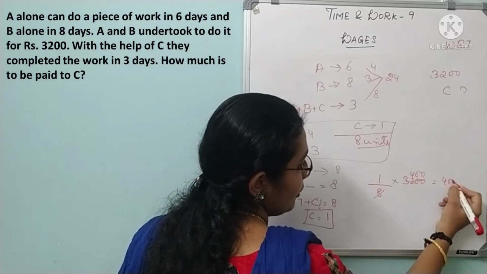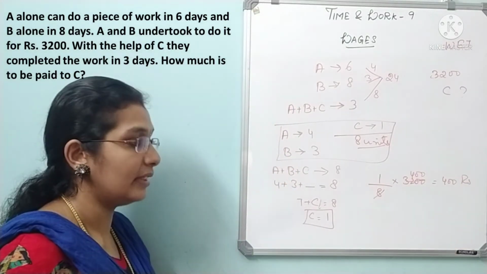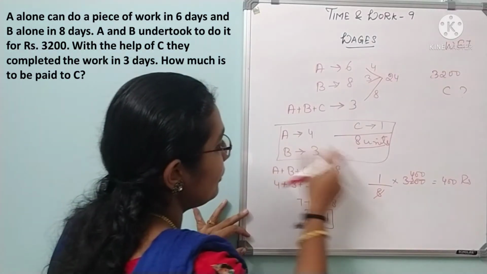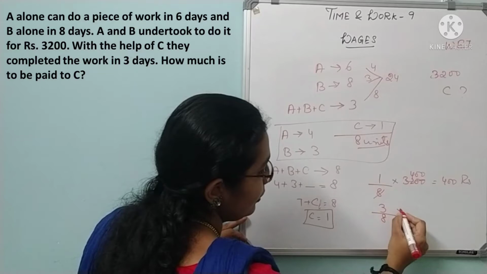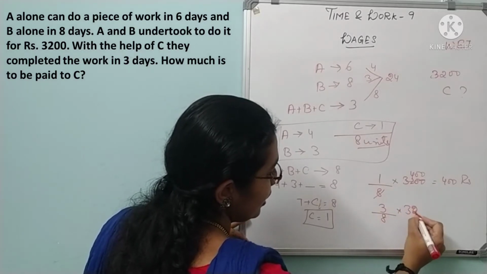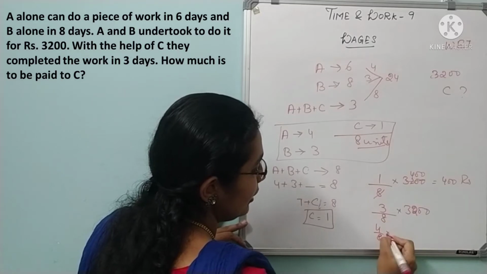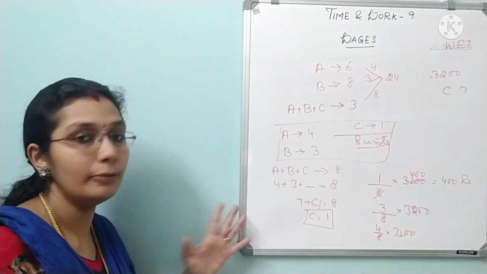So 400 rupees is the amount that has to be given to C. Suppose they are asking for B, means B's per day efficiency is 3. So 3 by 8 into 3,200. Right? For A it is 4 by 8 into 3,200. Clear? So this is how you will have to find.